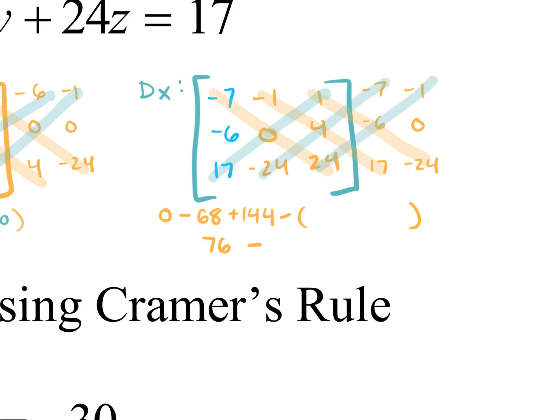Seventeen times 0 times 1 is 0. 24, negative 24 times 4 times 7 would be positive 672. And then 24 times negative 6 times negative 1 would be positive 144.